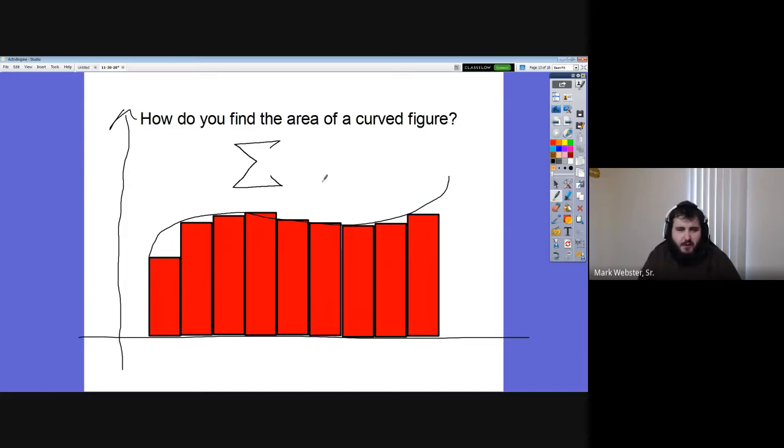But basically, our bases are all the same. It's just this change in x that's happening. And the height is the y value at a certain point.